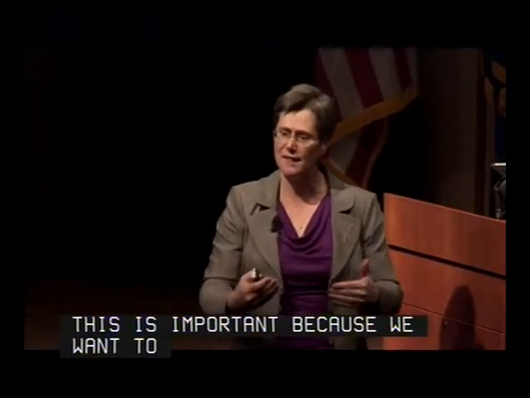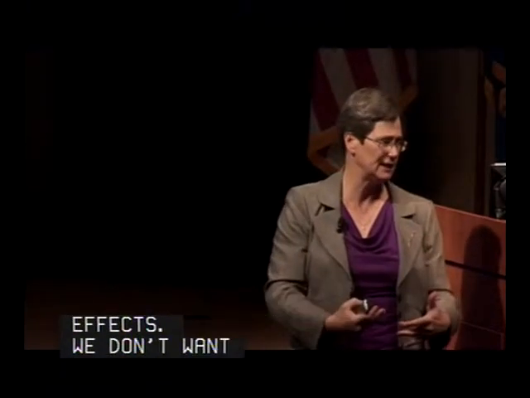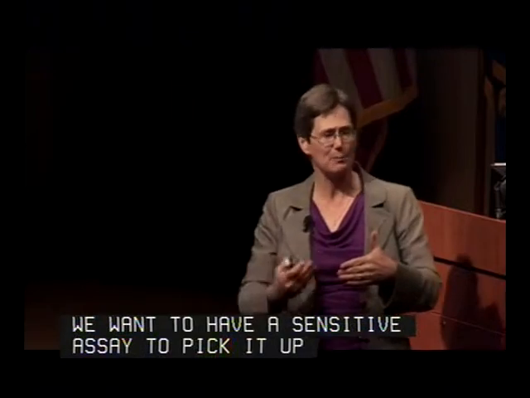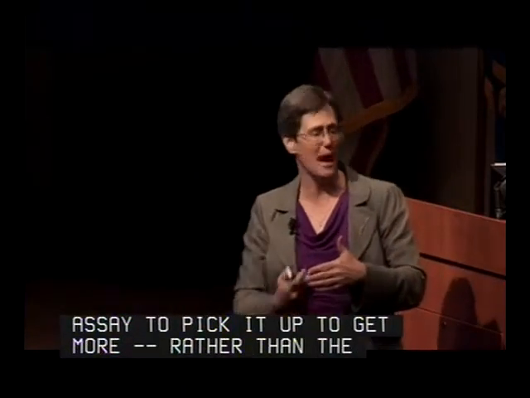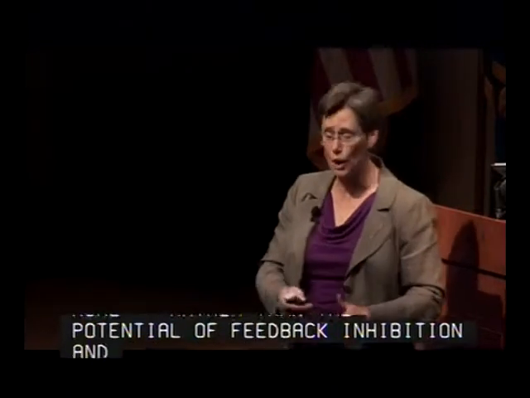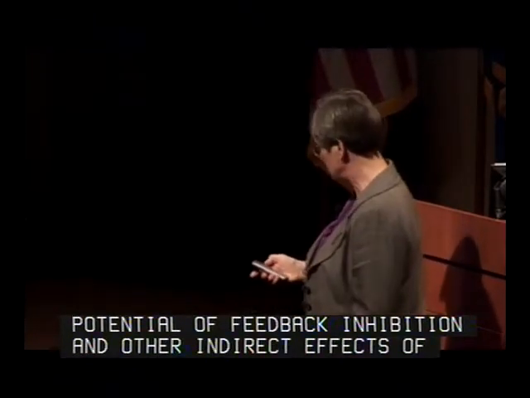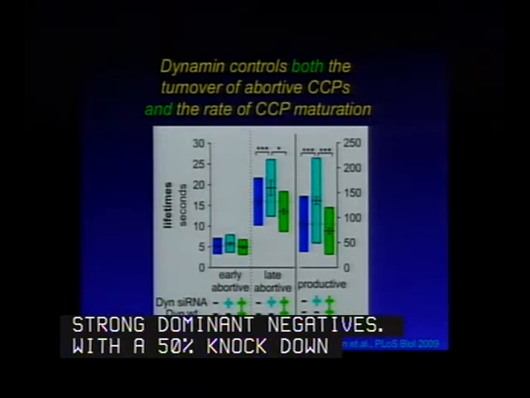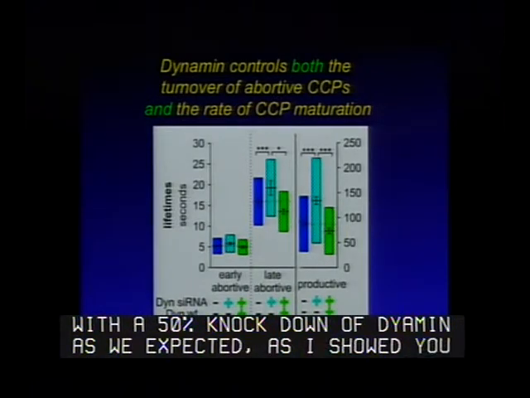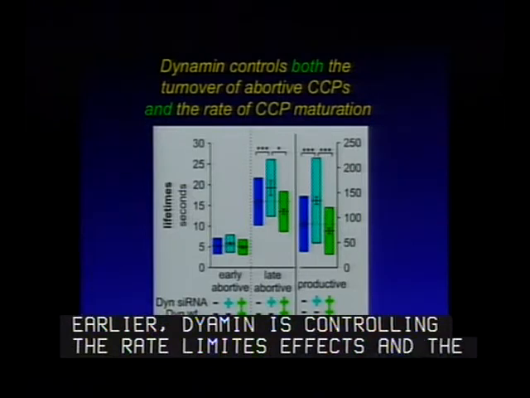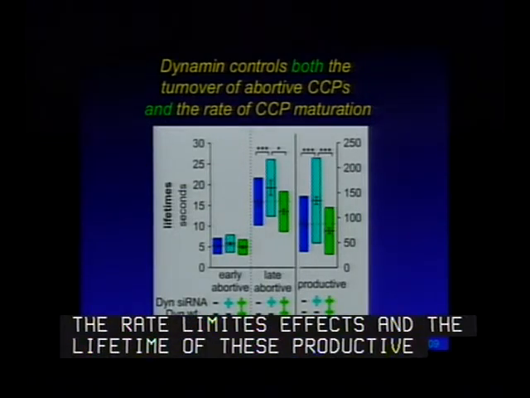We want to have small effects and use this sensitive assay to pick it up, rather than the potential of feedback inhibition and other indirect effects of strong dominant negative. So with a 50% knockdown of dynamin, as we expected, as I showed you earlier, dynamin is controlling the rate-limiting steps of vesicle formation, and the lifetime of these productive coated pits increases quite significantly.